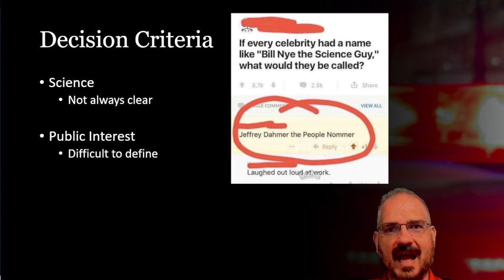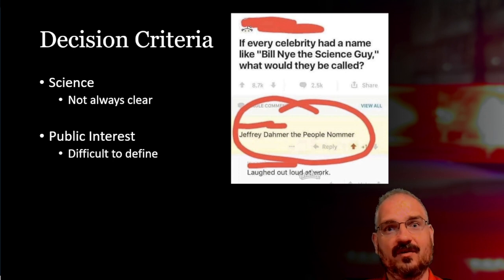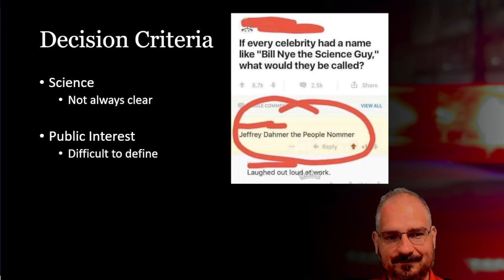You can use these outlier scientists to muddy public opinion and create doubt in both the minds of the people and in your fellow policymakers. So there are lots of times when science is very, very clear and very unified, but not always.